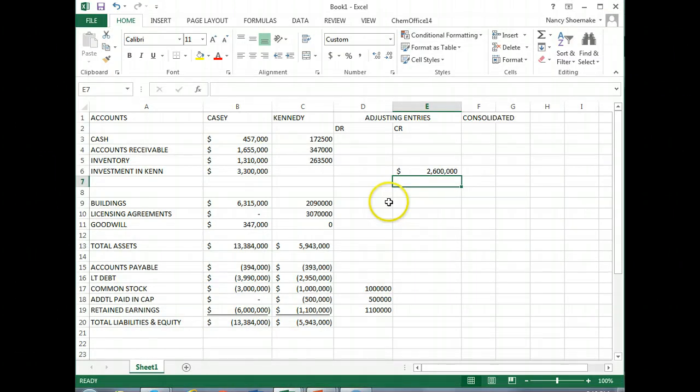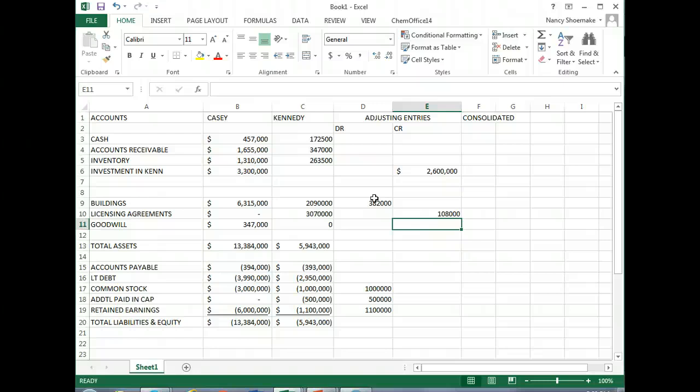We need to show that this building really is undervalued, that $2,090,000 is undervalued by $382,000, right? And we also know that the licensing agreement that we showed of $3,070,000 was overvalued by $108,000. Is that correct? Does that make sense, guys?